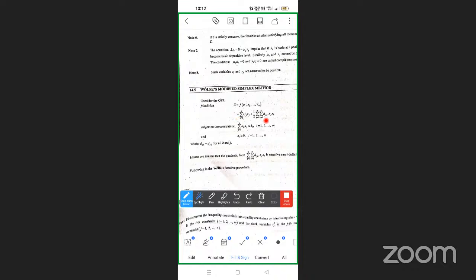So these are the constraints: summation aij xj less than or equal to bi. So these are subject to constraints. This is the quadratic programming problem.